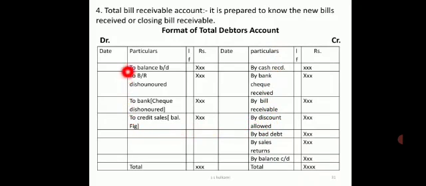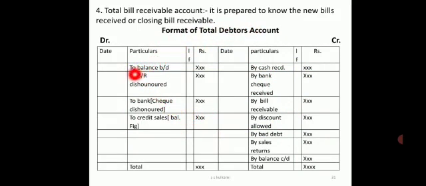So the best is to remember debtors as an asset account, and all increase is to be on the debit side and all decrease of debtors is taken on the credit side. So we have the format of debtors account. So I repeat the format of debtors.